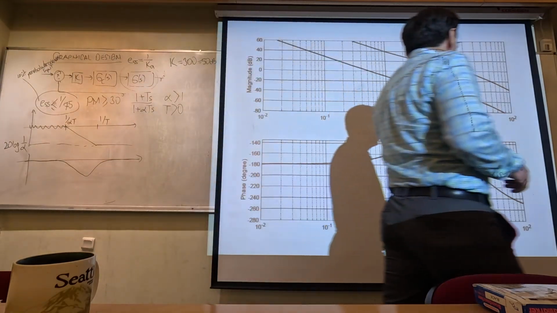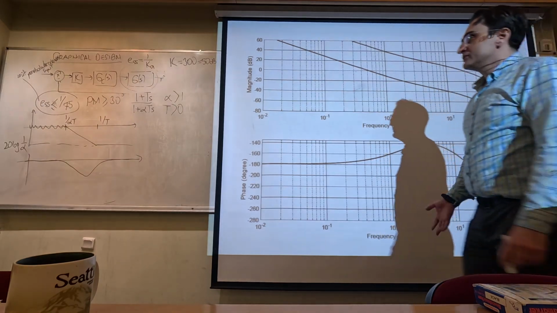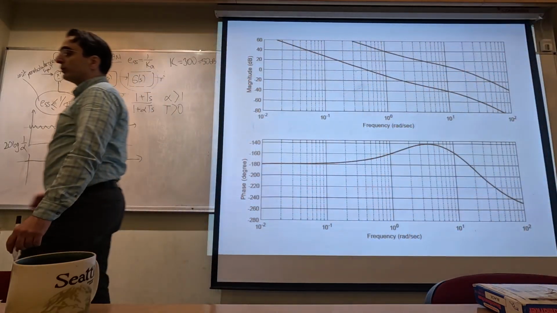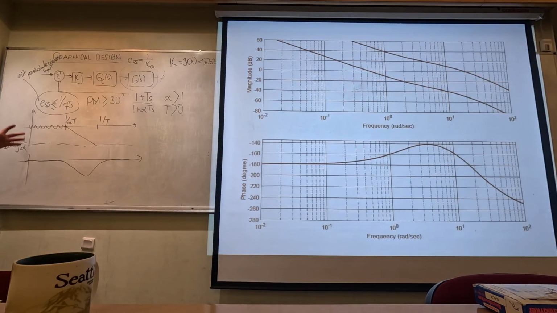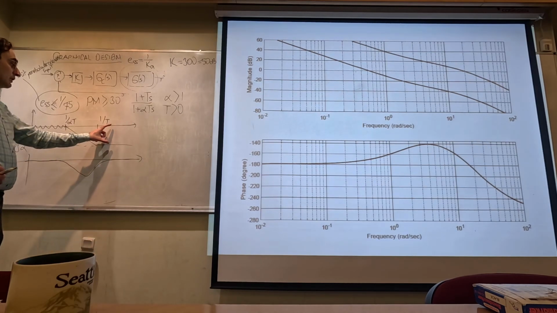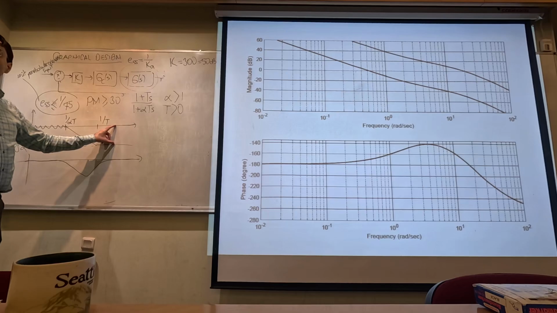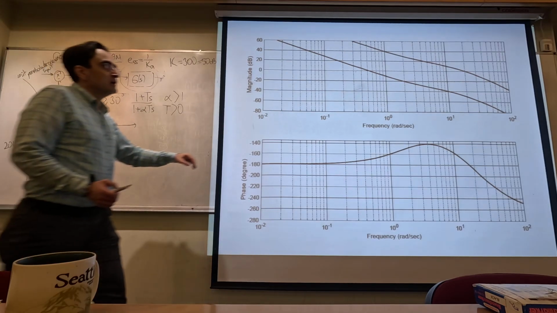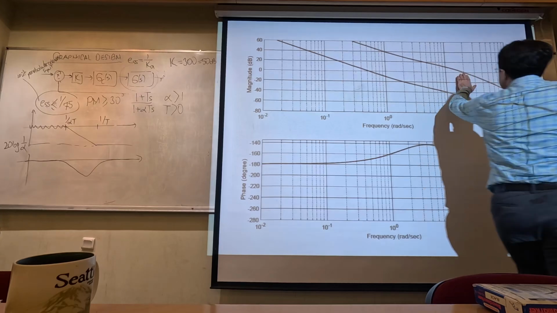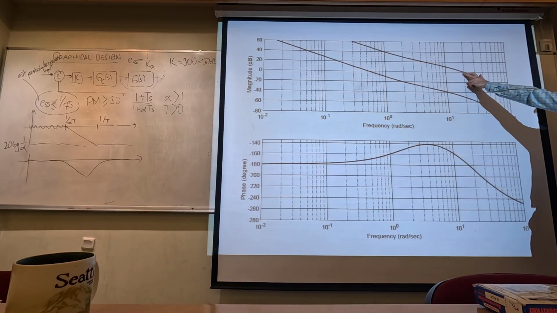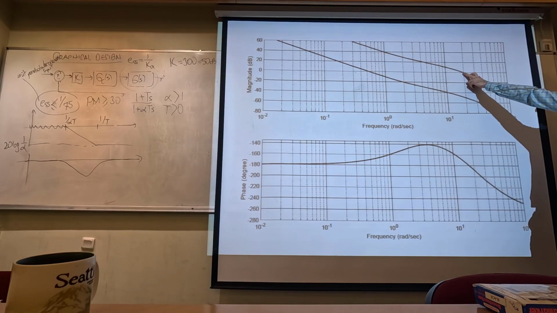And now what we can do is to find the new gain crossover frequency of the system directly. How do we do that? We actually do it as follows. So suppose that we can reduce the gain of the system by this amount. Okay? This is the uncompensated gain crossover frequency of the system.